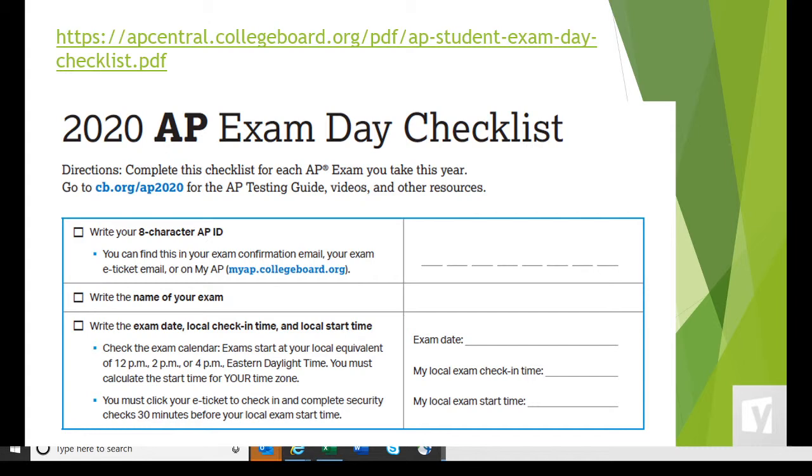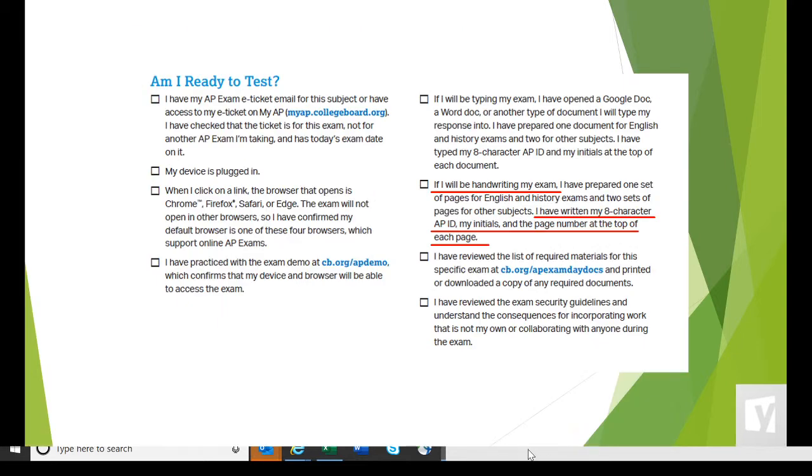So I'm going to keep emphasizing that we take a look at this checklist just to make sure that we're not stressed out on related things. I mentioned this a little bit the other day as well. The biggest thing we need to keep a lookout for is before we test.